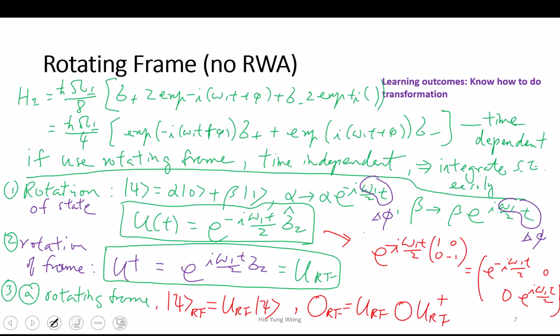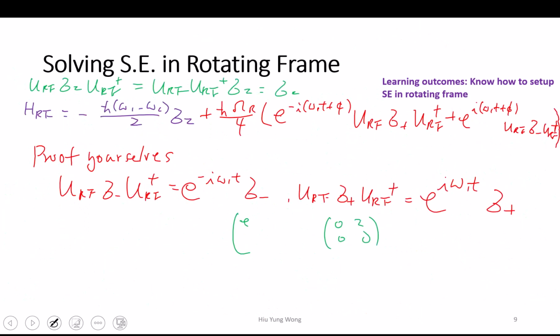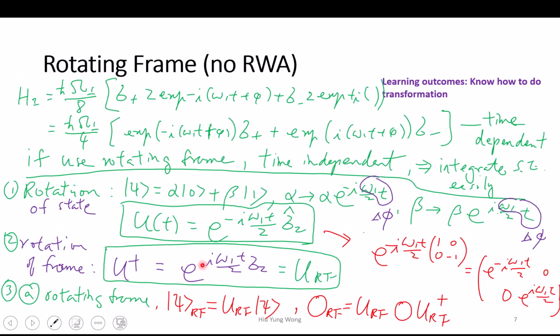URF is plus, so this is e to the power negative I omega 1 divided by 2t, 0, 0, and e to the power I omega 1 divided by 2t, right? URF is positive, right?